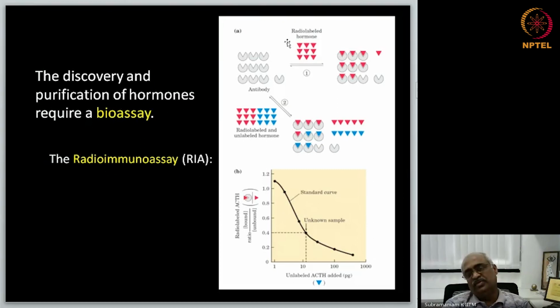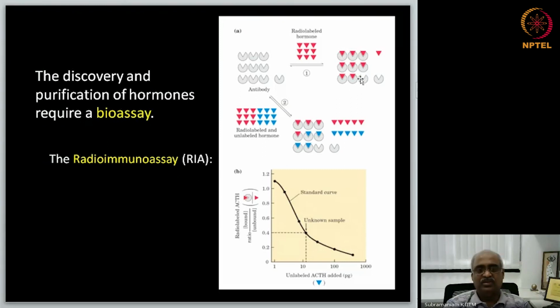The radio-labeled hormone will have radiation, and that radiation can be detected using counters, scintillation counters, or autoradiography by exposing to X-ray film. In this particular case, a scintillation counter is appropriate because this experiment is done in liquid form. Now the radio-labeled hormone will bind to the antibody as shown here.